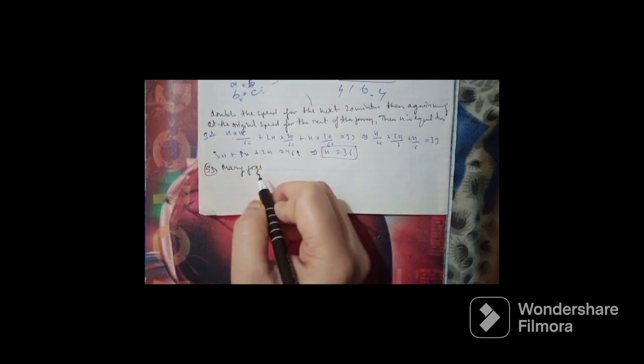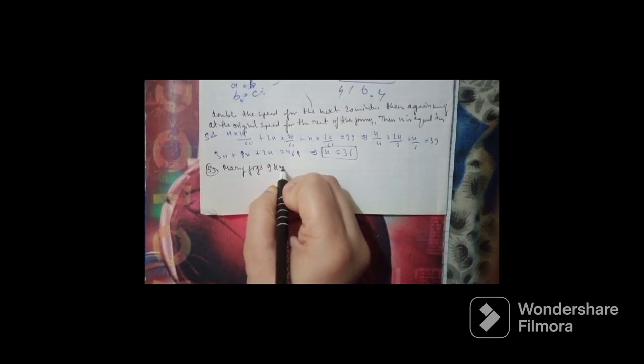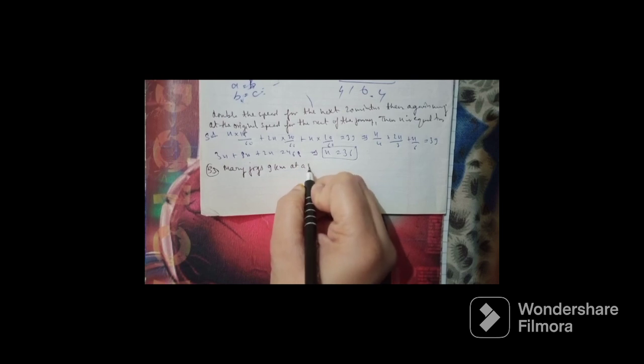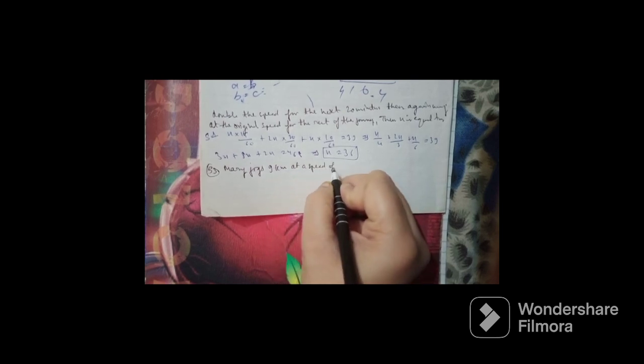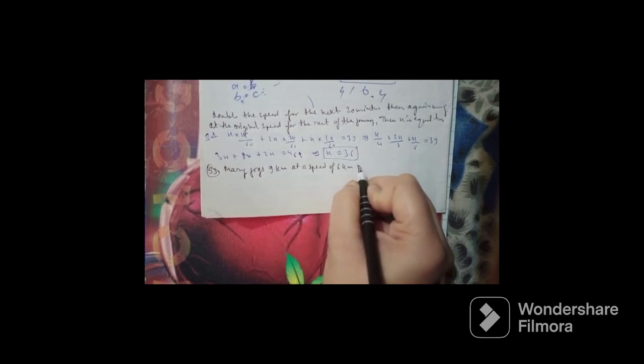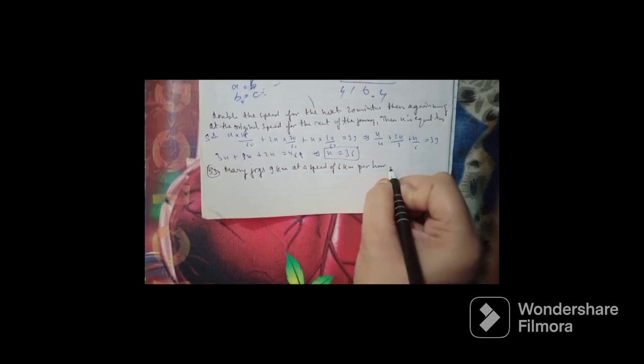Mary jogs 9 km at a speed of 6 km per hour.